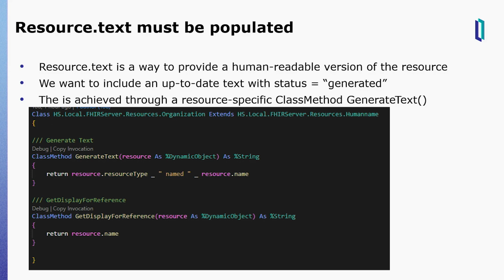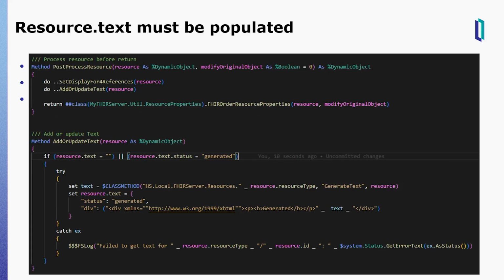And what you want to do is populate the text property automatically if it's not there, using the generate text method. I used a really simple example here for the organization resource, where the text will be populated with 'Organization named' and then the name of the organization.